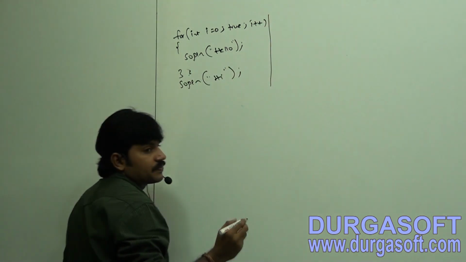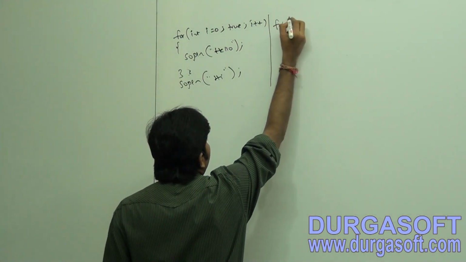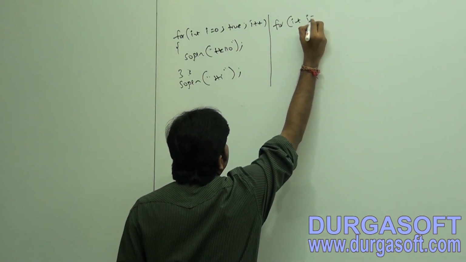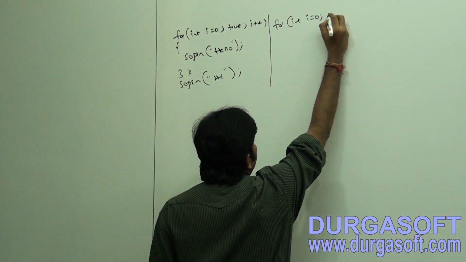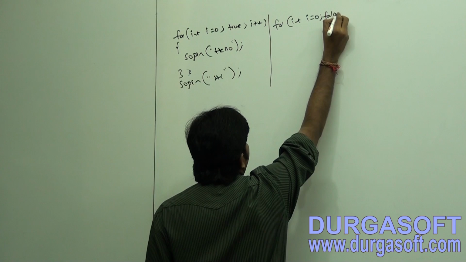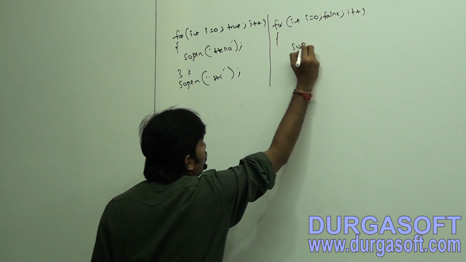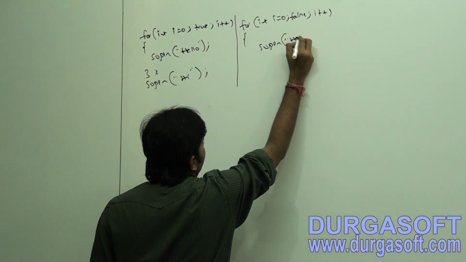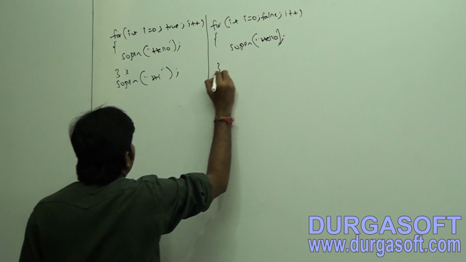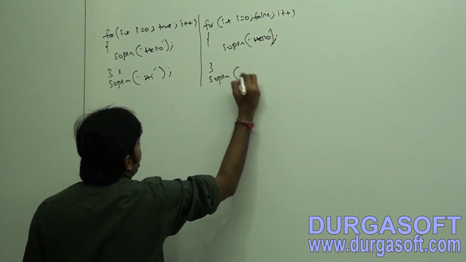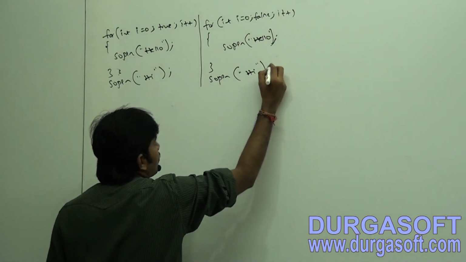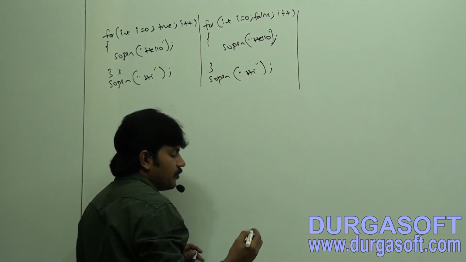This is the first one. Next, for int i = 0; false. Directly I am taking false, because any boolean value you can take, no problem at all. SOP of hello. Next SOP of hi. I am taking hi for loop.